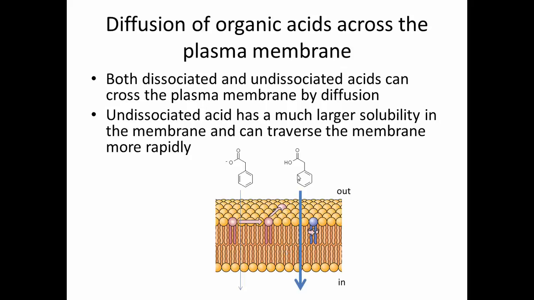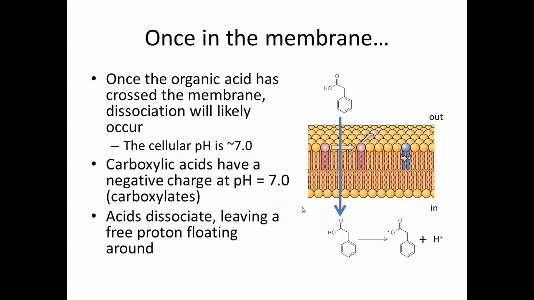So we can get more phenylacetic acid into the membrane and thus into the cytoplasm compared to the phenylacetate coming into the membrane as well as the cytoplasm. Per unit time, we can get more of the undissociated acid through because it lacks that charge.